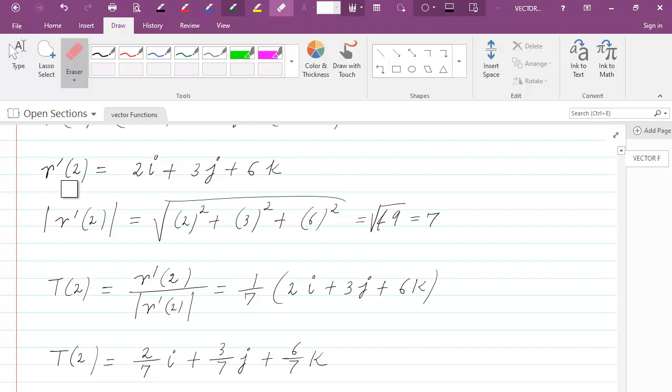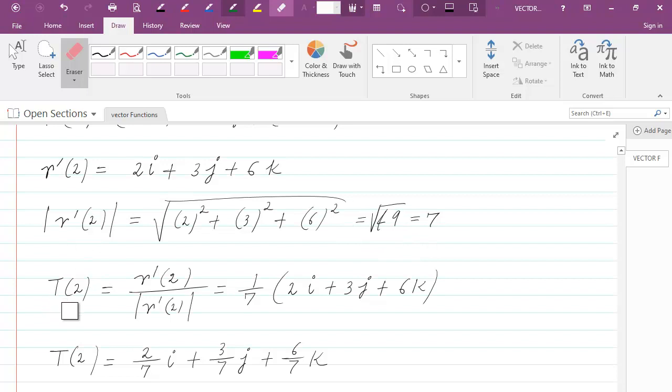To find the unit vector in the direction of this vector, we need to find its length first. The length of this vector would be the root of 2 squared plus 3 squared plus 6 squared, which is the same as 4 plus 9 plus 36, which would be 49. So the root of 49 is 7.